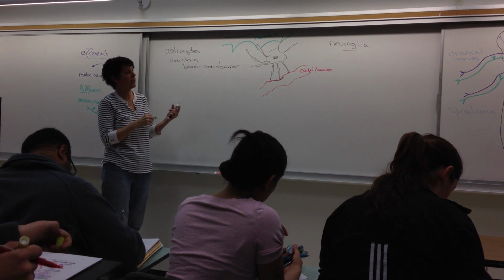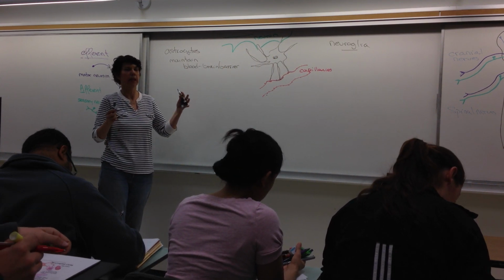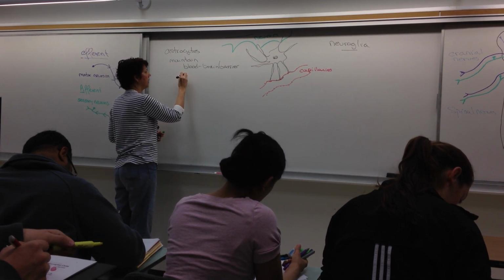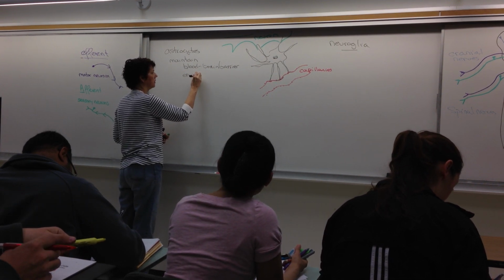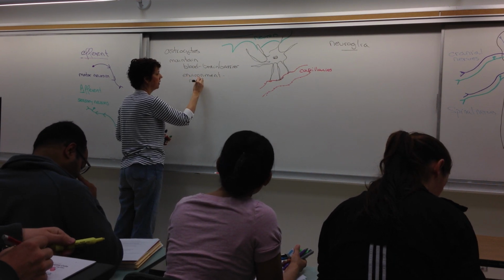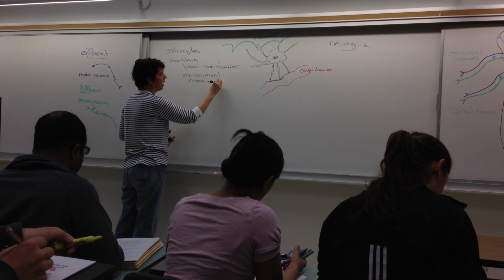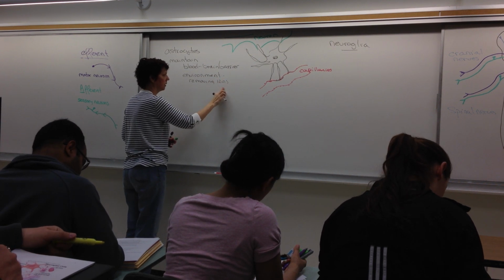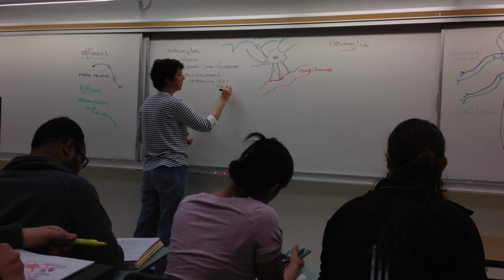So the neuron, or the nerve cell, not only do they maintain the environment by removing ions and used up neurotransmitters, but they will even recycle the neurotransmitters.